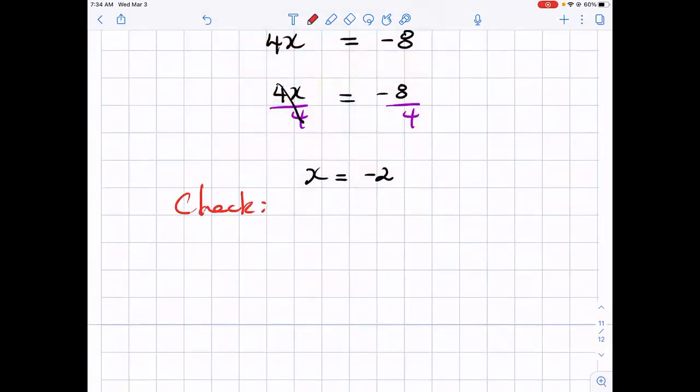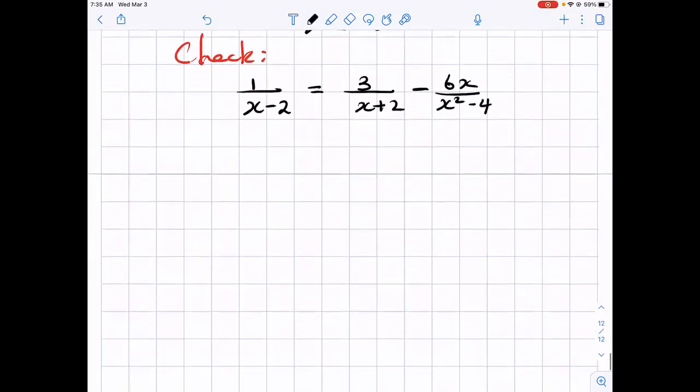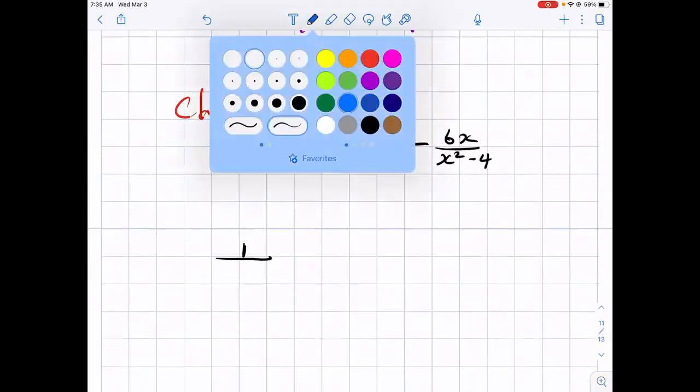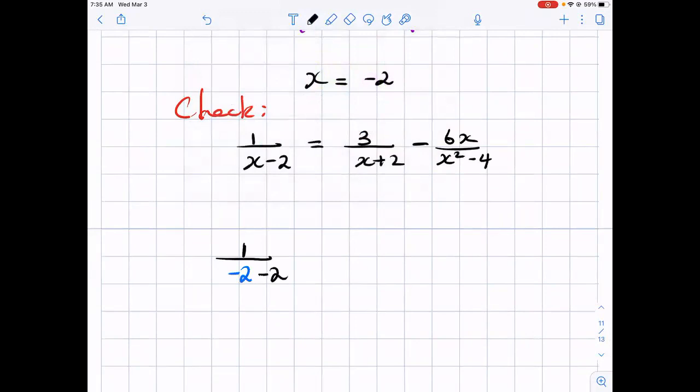Okay, you want to make sure you check. So remember, our original equation is 1 over x minus 2 equal 3 over x plus 2 minus 6x over x squared minus 4. And you will notice that if you put x to be minus 2, you will notice that in this fraction we have 0.